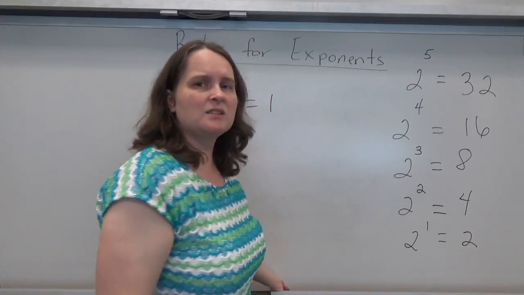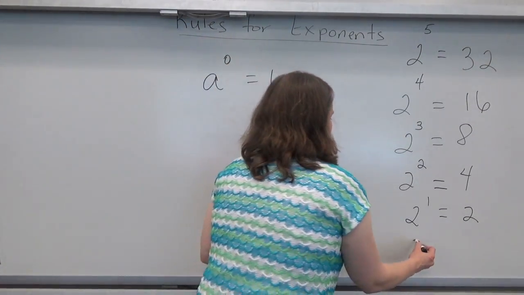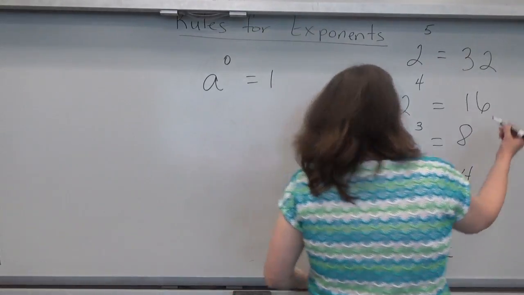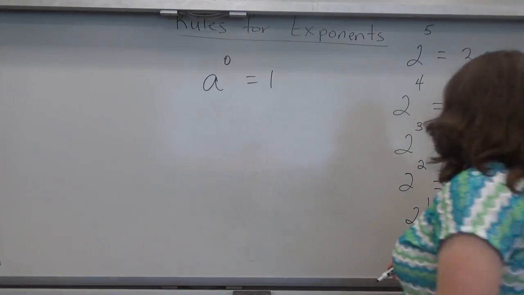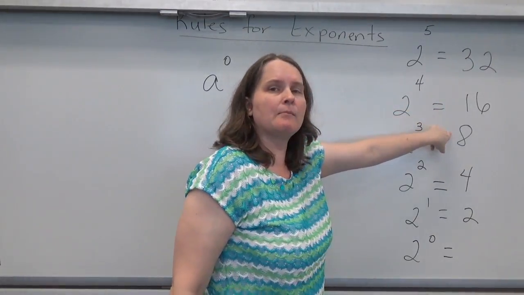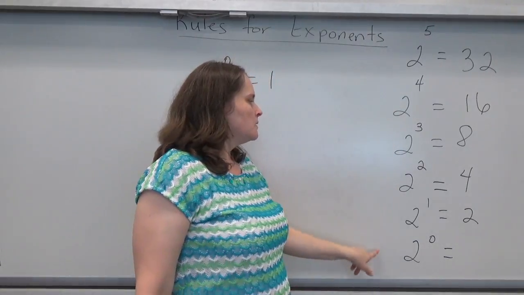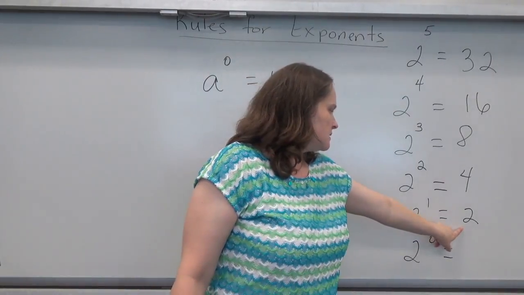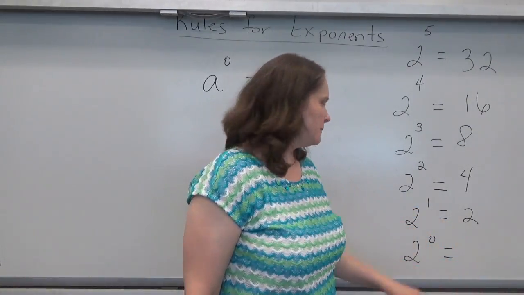All right, well the next one in order would be 2 to the 0 power. If I look at the pattern of all the previous results, how did I get from one step to the next each time? To get from 32 to 16 and then from 16 to 8, I'm basically dividing by 2. I'm dividing by my base. So if I divide 2 by base 2, it gives me 1.